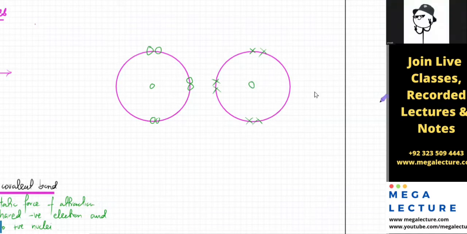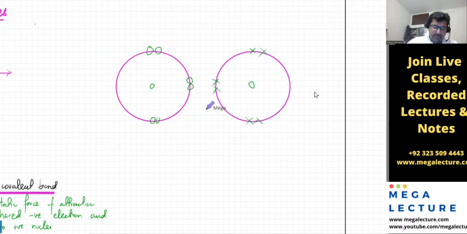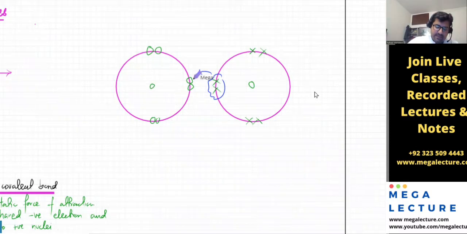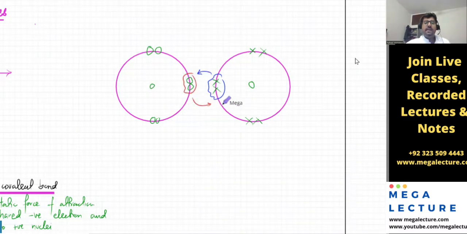It needs 2, so again they will start fighting with each other. This oxygen will see the 2 electrons from the other atom and try to gain those 2 electrons. The other oxygen does the exact same thing, so they're both trying to gain 2 electrons from each other.